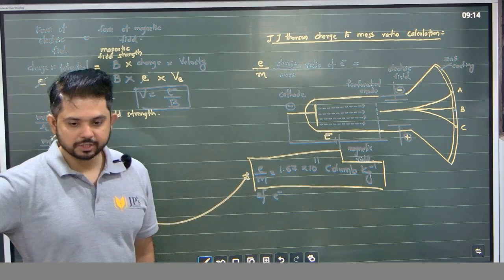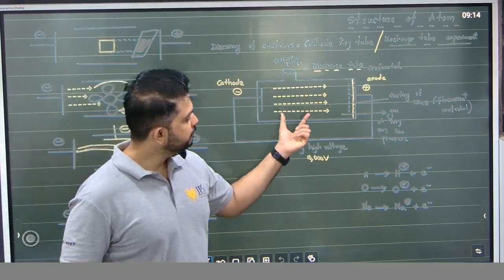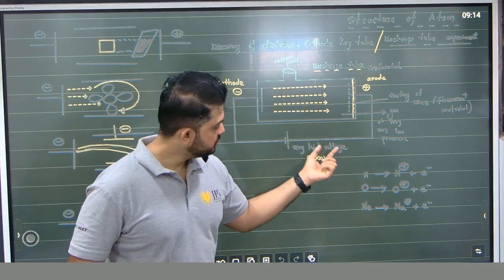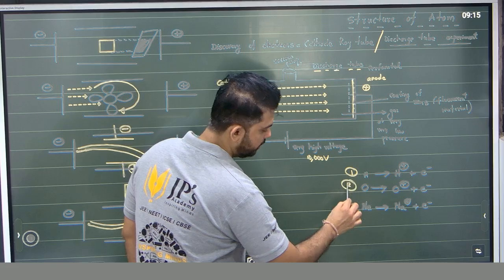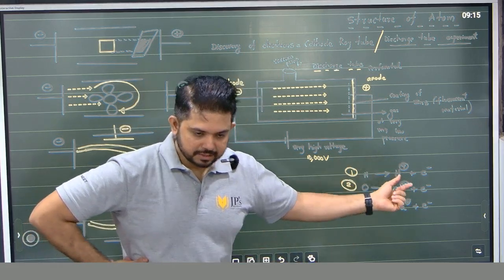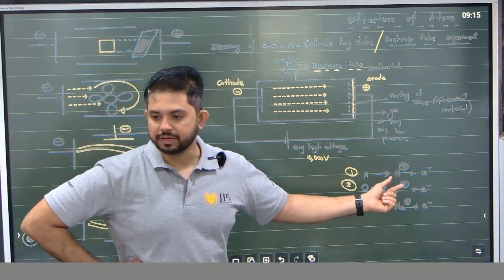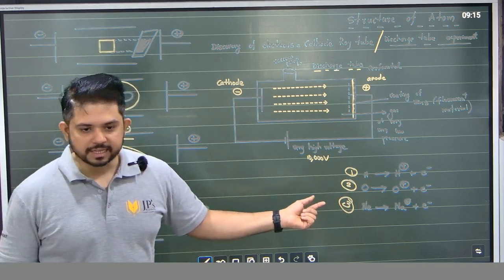1.67 into 10 raised to 11. Now, why is this value important? Because even if you change the gas, which gas did we take earlier, people? Hydrogen gas. The value is 1.67 into 10 raised to 11. You change the gas to oxygen, the value still remains the same.